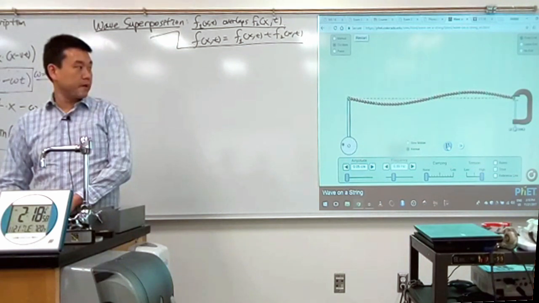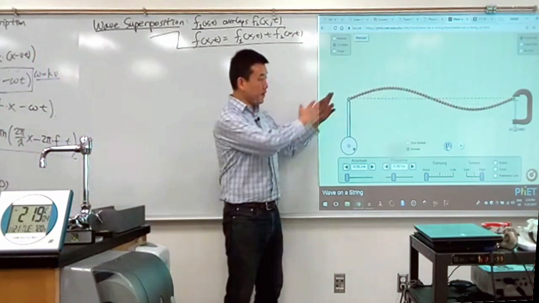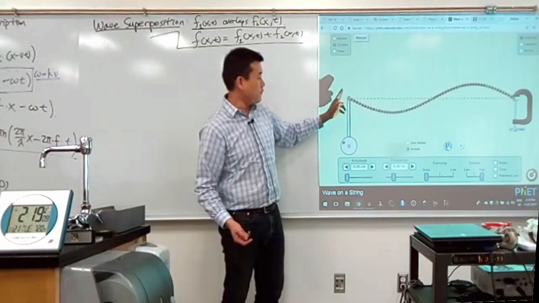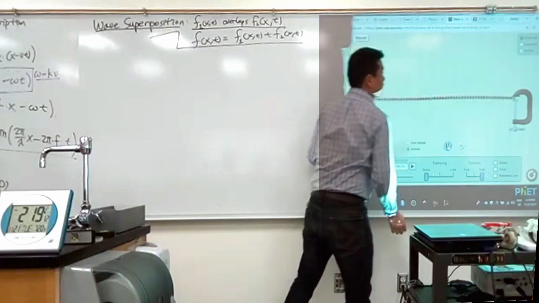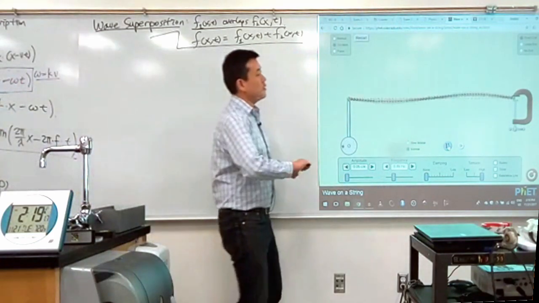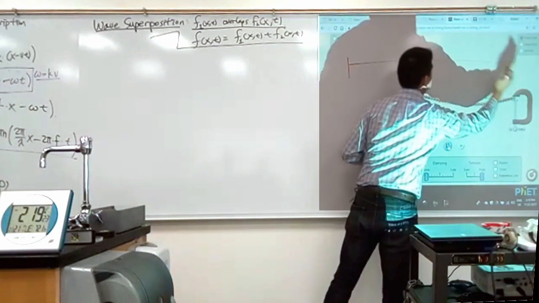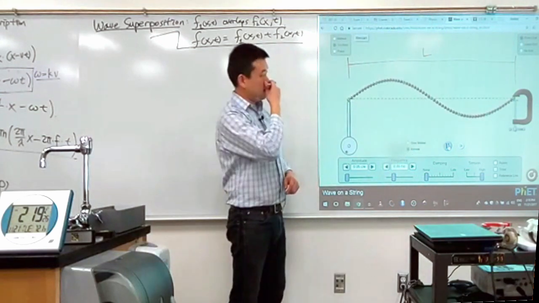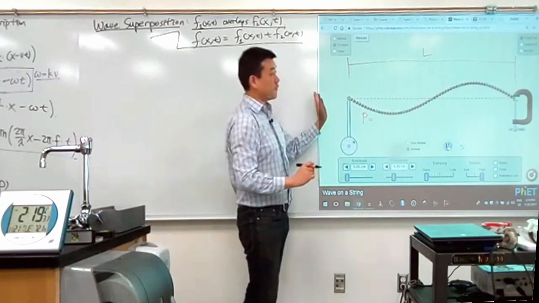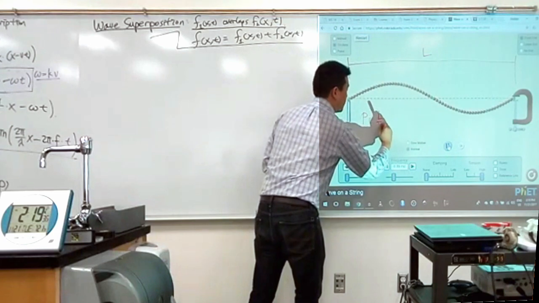This is what you are going to begin to see happen. I set the frequency at a very particular value so that the period of my oscillation is the exact amount of time it takes for the wave to travel from here to here. Let me write this down. Let's say I describe this as the distance L. If I set my period to be equal to the amount of time needed to travel this distance, that'll be L divided by wave speed.